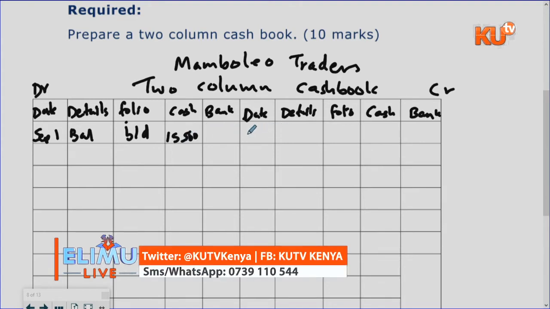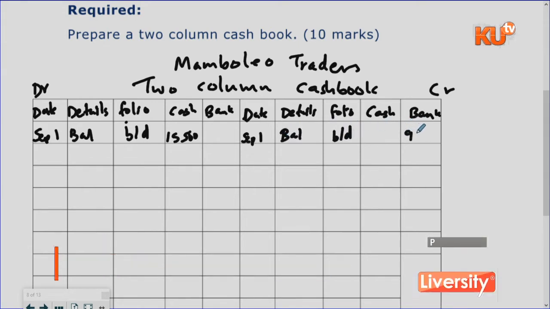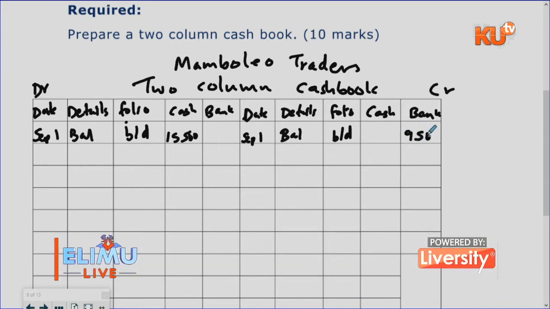On the same date, September 1, we have a balance brought down again, and then bank had 9,500. That is the entry for the first transaction.